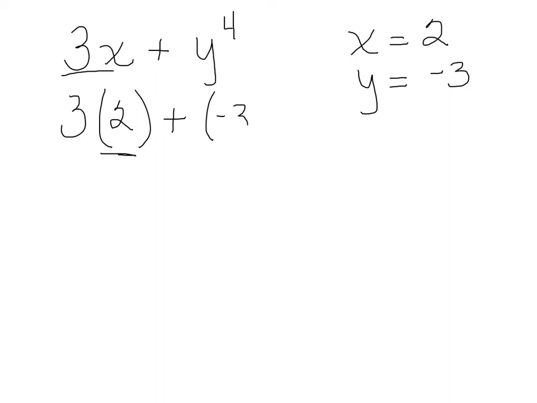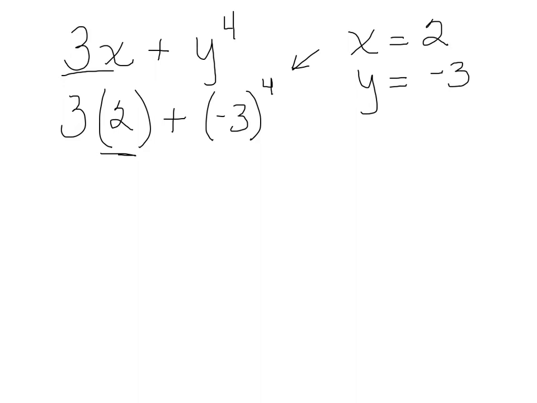I'm raising negative 3 to the 4th power. Now, this is really important to have parentheses around that so we keep the negative with the number. An even power means I'm going to have a positive answer.